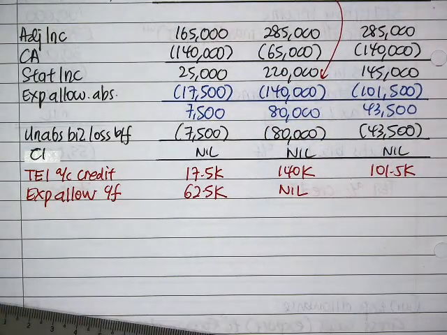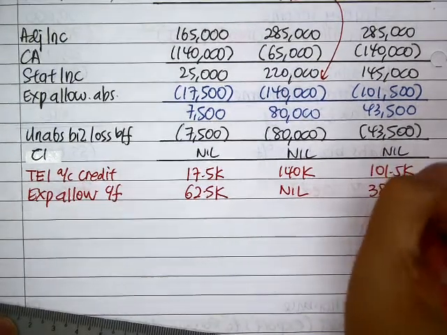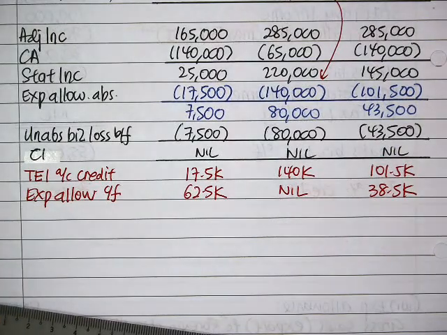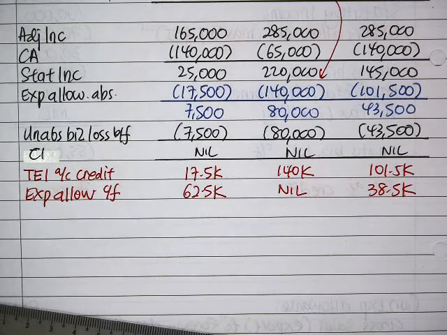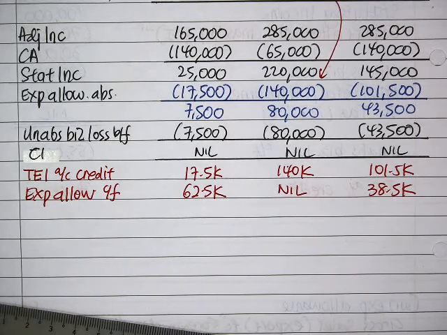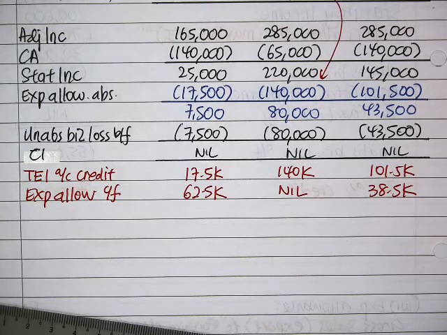Here 140, so you have 38,005. Okay. Now the main figures that we need, we've done them.